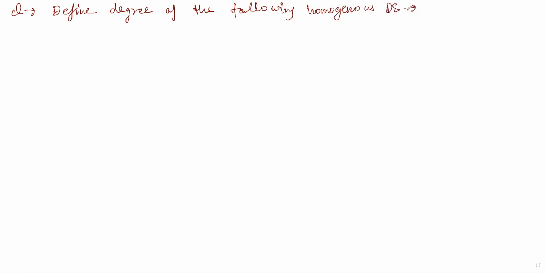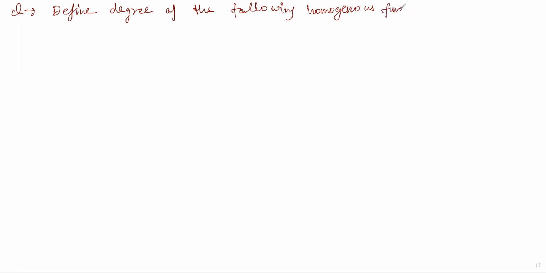Or rather, let's have this question. Define degree of the following homogeneous function. Sorry, homogeneous function, not homogeneous differential equation.